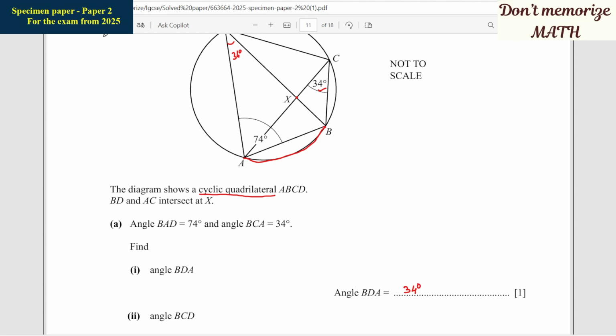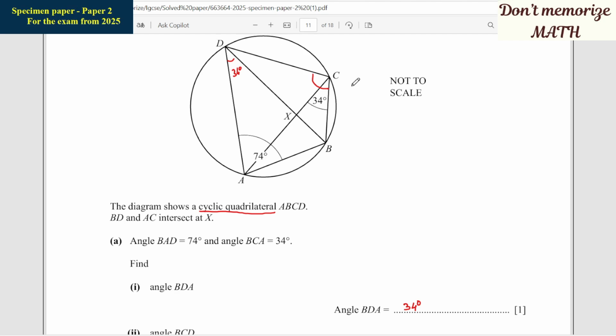Then the next one is angle BCD, this big angle. We have mainly two angle properties for cyclic quadrilateral. The first one is this: opposite angles of a cyclic quadrilateral add up to 180.